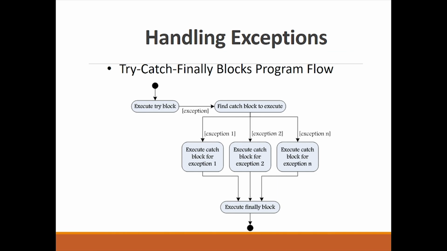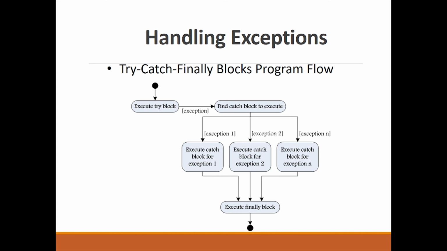Here is an example of the program flow on how try, catch, and finally work. You have your try block, and then it will find the block of the type of exception it belongs to. It checks one by one whether the type of exception matches the type that has occurred.